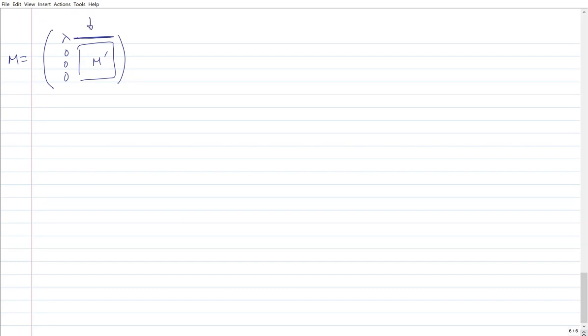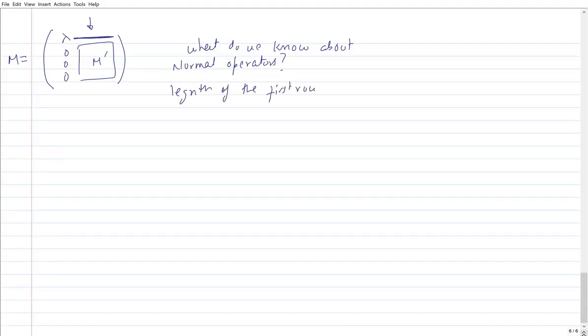Any thoughts? What comes here? What did we say earlier? What do we know about normal operators? Well, we know that the length of the first row equals the length of the first column.